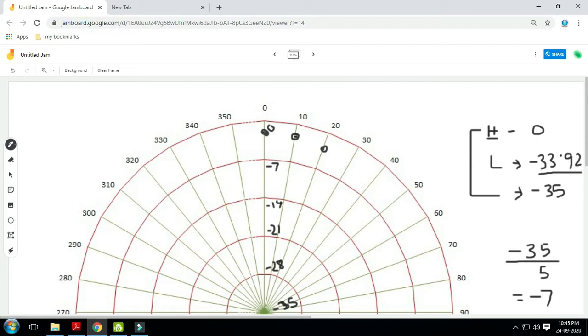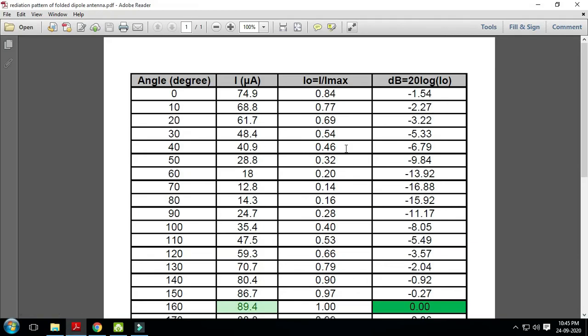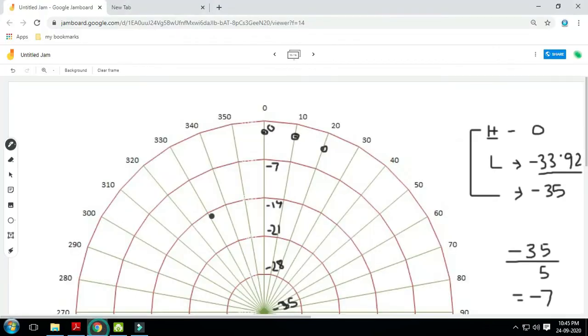If you observe, the power is decreasing slowly as the angle is increasing. Then minus 5.33. So this is 3.5 in the mid, and this is 7. So it is between 3.5 and 7, say 4, 5. You have to assume that 5 is here. This is between minus 3.5 and minus 7.